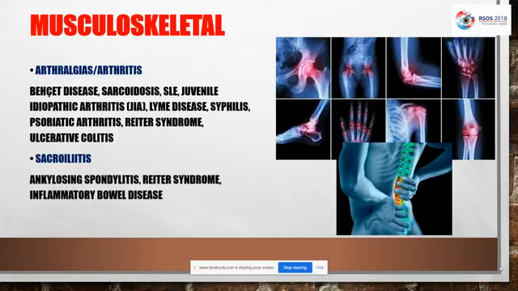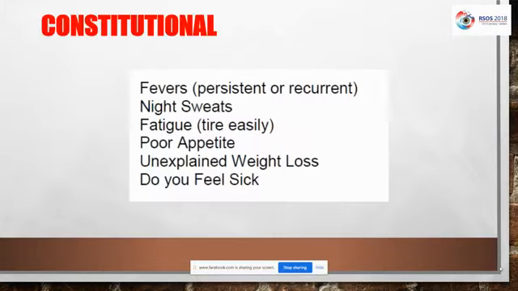So this is the end of the main review of symptoms, as we mentioned before, but still the constitutional symptoms can be a very important guide for you with these entities.